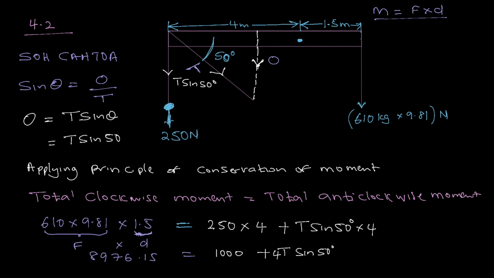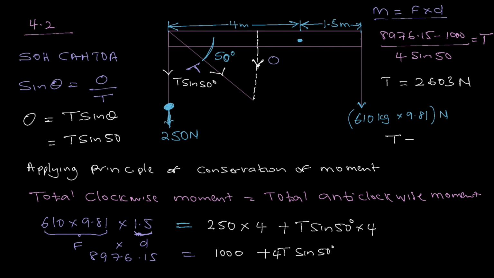So now to find T, what we need to do is 8976.15 minus 1000 and divide by 4 sine 50 degrees. That would be equal to T. So that gives T to be equal to 2603 newtons. Roughly, T will be equal to 2600 newtons.